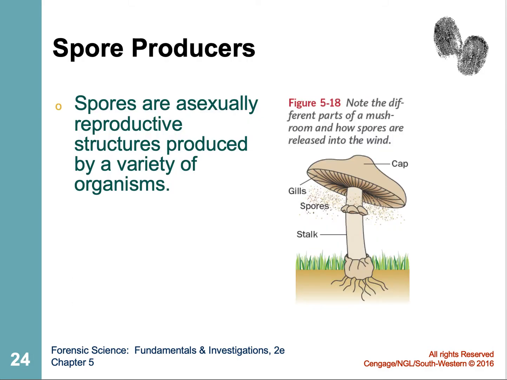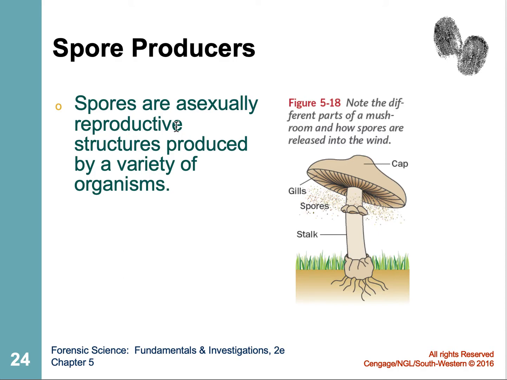So spores, what are spores? Spores are asexual reproductive structures produced by a variety of organisms, such as non-seed plants, fungi, and bacteria. I want you to understand that it's asexual, meaning it does not need a partner, and spores have all of the DNA they need in order to survive.